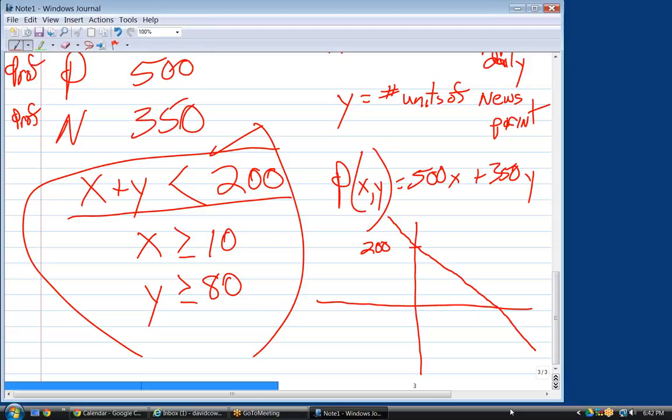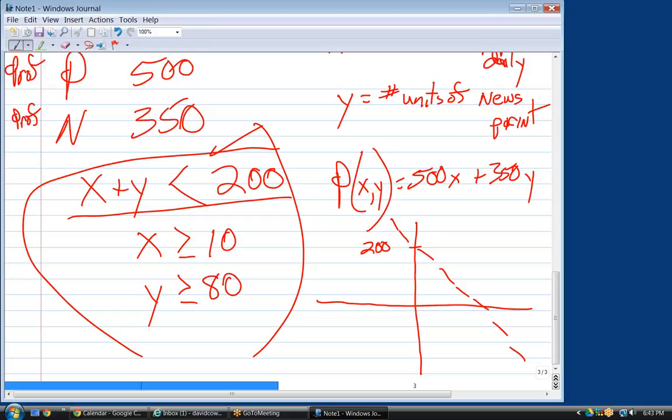Now, the only thing I made a mistake on is I didn't make it dotted. Here, let me make it dotted. And you see why it has to be dotted? Yeah, because it's less than, instead of less than or equal. Right. Now, let's look at our other two constraints.